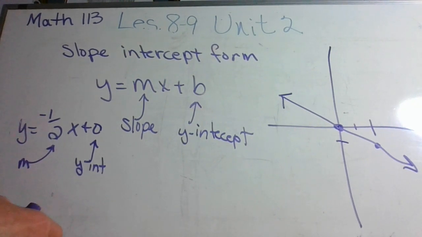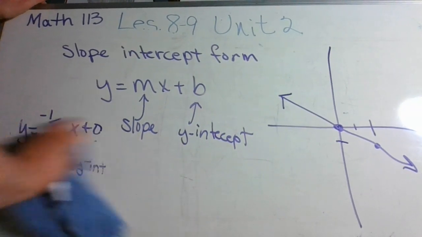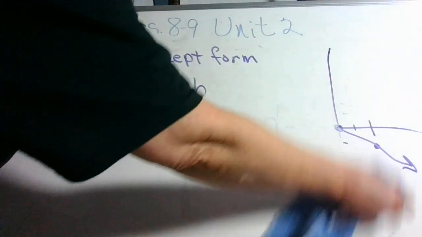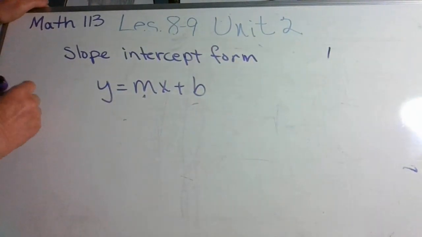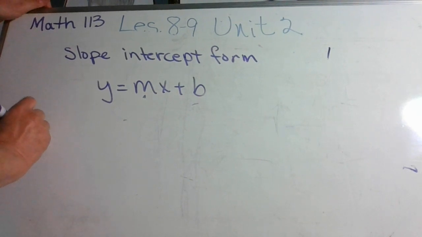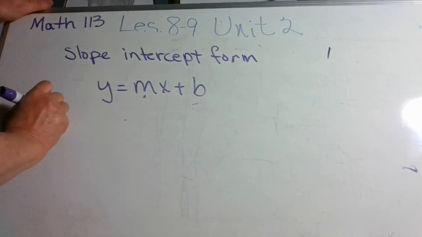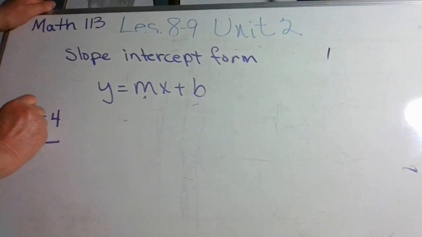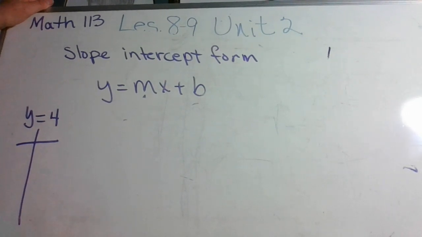Now we're going to go to page 23. Example 3. So let's see, that's y equals 4. When you have just a letter here and a number here, the easiest thing to do is make a little table. What's y equal to?